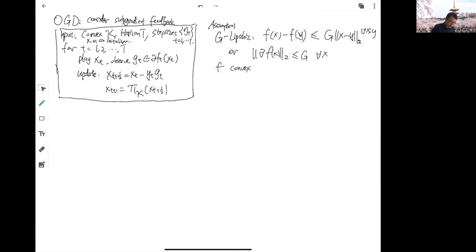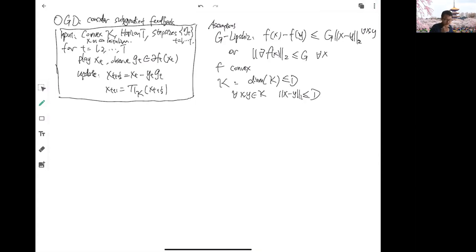And lastly, we want to make an assumption on the convex set. So the convex set K obeys that the diameter of this convex set K is smaller than D. So what does this mean? This means that for any x, y in K, the distance between x and y measured in two norm is smaller than D. So if this convex set K is a norm ball, then this is simply given by 2 times the radius of that norm ball, right?